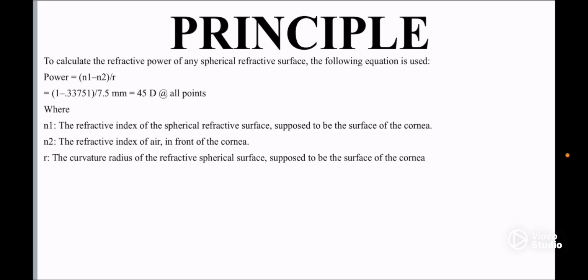R is the radius of curvature of the refractive spherical surface, which is supposed to be the surface of cornea. It is approximately 7.5 mm. So putting all these values in the formula, we will get approximately 45 diopters at all the points.